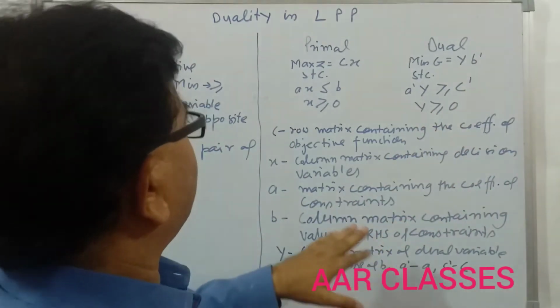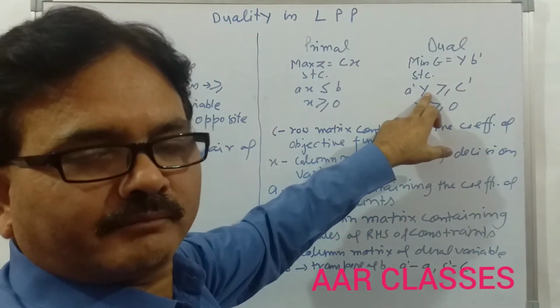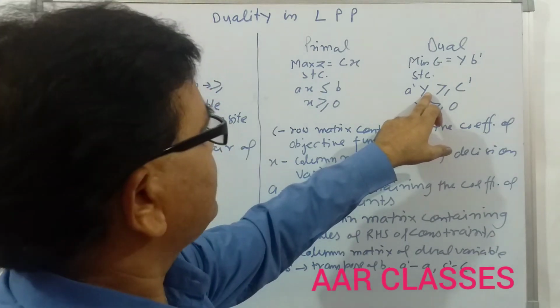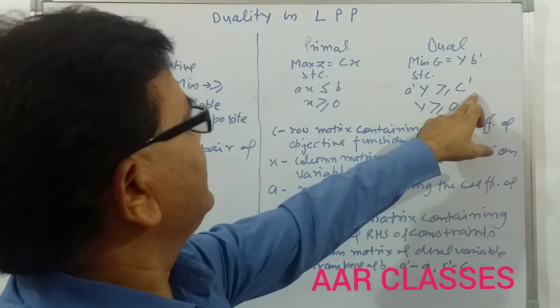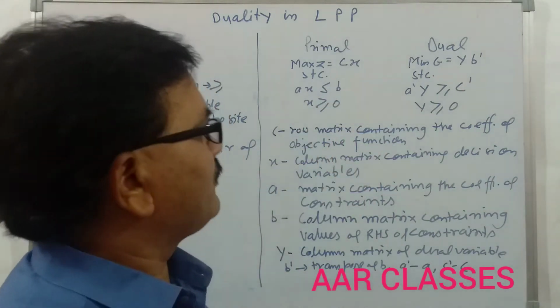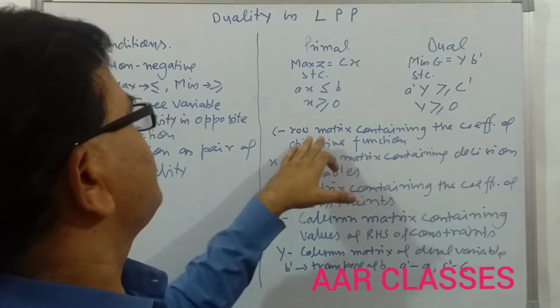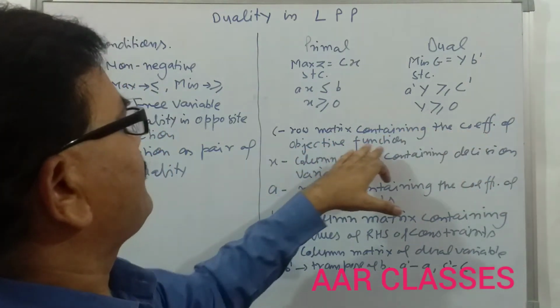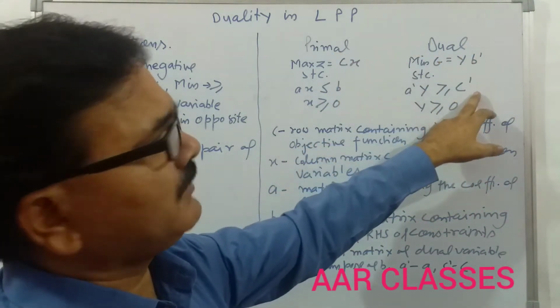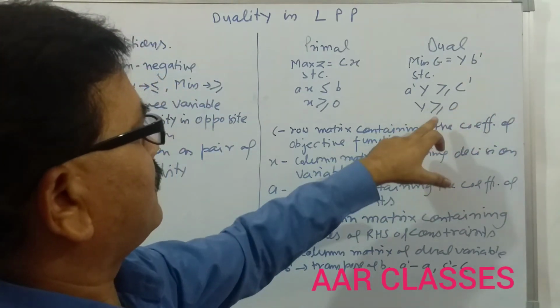So here, Y is the column matrix of the variables of the dual, and C dash is actually the transpose of C, that was earlier a row matrix. Now here it will become a column matrix. C was a row matrix containing the coefficients of the objective function, so now it will become a column matrix, and Y greater than or equal to 0.